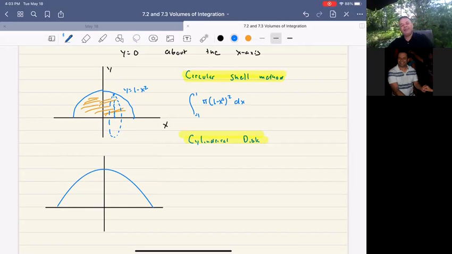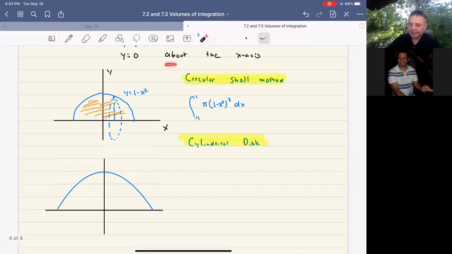Okay, so now what I'm going to do is, if I want to do this with cylindrical shell, remember the rotation is about the x-axis, so our integral should be in y. And we're going to take this distance times this distance.